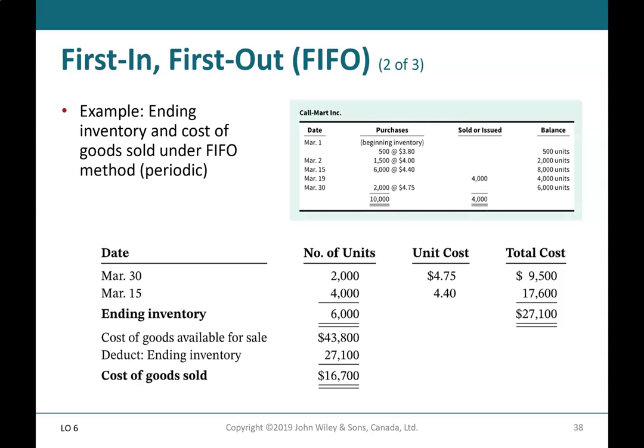That's made up of our newest purchases, which is your March 30th of 2000 at 475, and then the remaining of your March 15th purchases, which is only 4,000 of the 6,000 at 440. So then we subtract the ending inventory from cost of goods available for sale, and that gives us our cost of goods sold of 16,700.